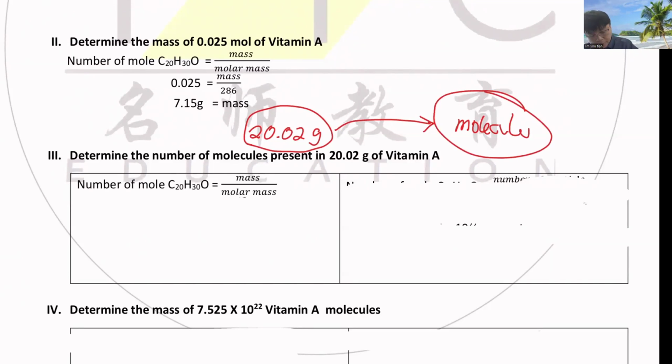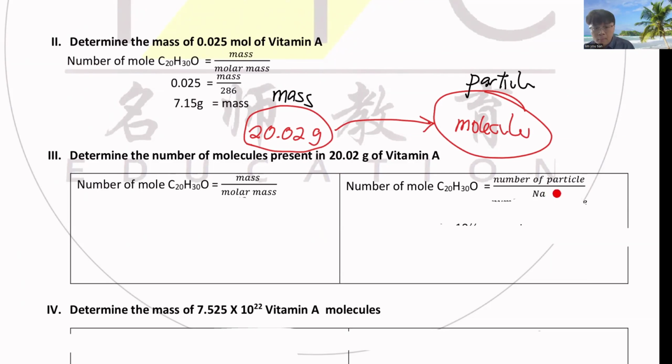So in this case, okay, this is your mass, so use the mass formula. Molecule is under the particle formula, so you use back the particle. This is your mass. So now you write number of moles equals mass over molar mass. You take the mass divided by your molar mass, which is 286.